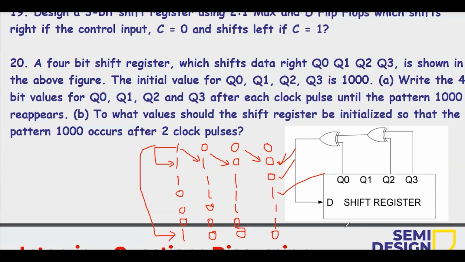Okay, so that is how the shift register will work. So did you understand everyone clearly? Yes, ma'am. This is also one of the important questions for the interview.